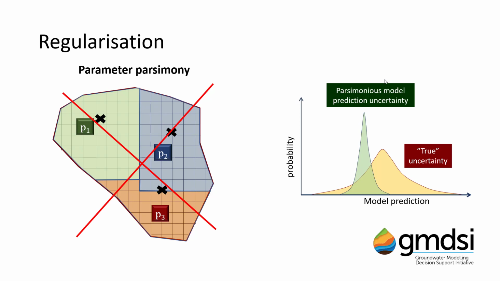Now, even though we have many more parameters, many of which may be inestimable through history matching, these inestimable parameters are just as important as the estimable ones when characterizing the predictive uncertainty. So having many parameters allows us to capture as much information as is available in our observation data, whilst at the same time allowing us to characterize the impact of all that we don't know on our prediction of interest.